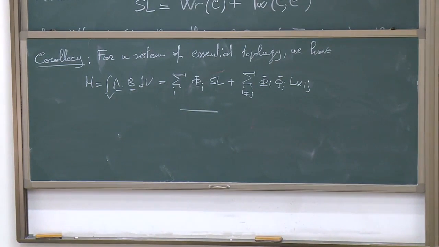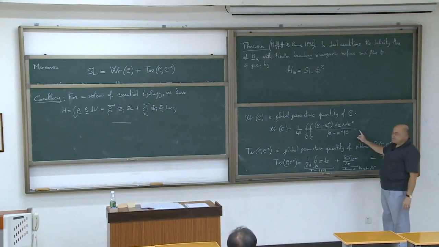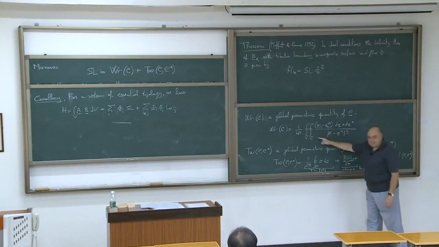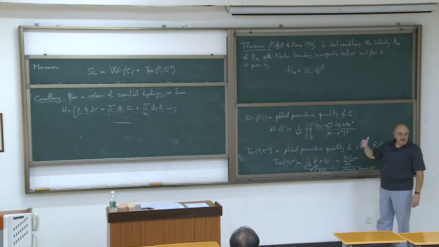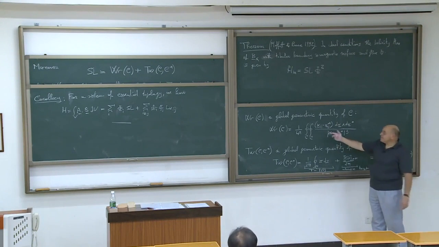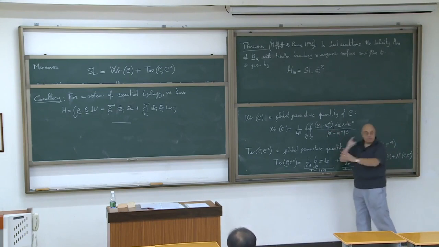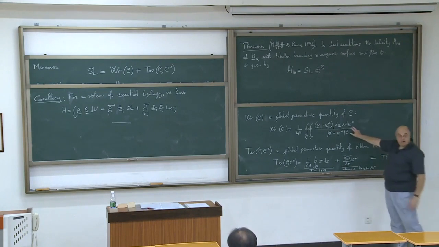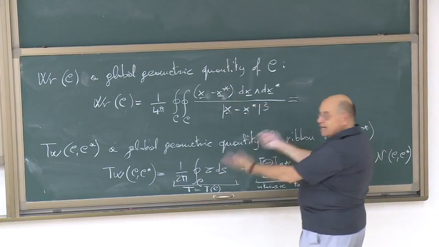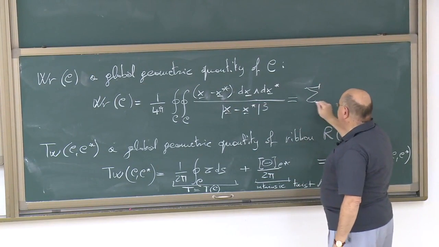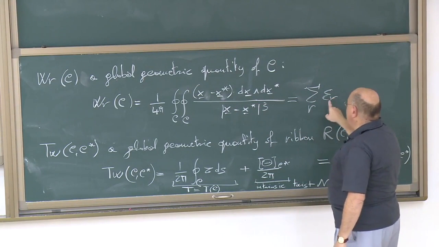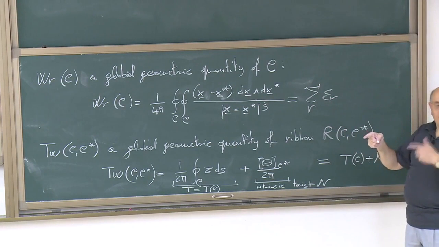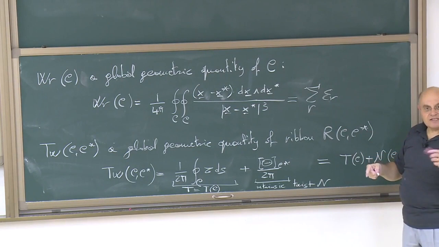Now, I have no time to show you this, but the same analysis I mentioned for the Gauss linking number can be done for the writhe. We can interpret the crossings for the writhe. Remember, this depends on the projection and is not a topological quantity, but similarly we can come up with the same type of formula, with epsilon_r being the signs of the crossings.